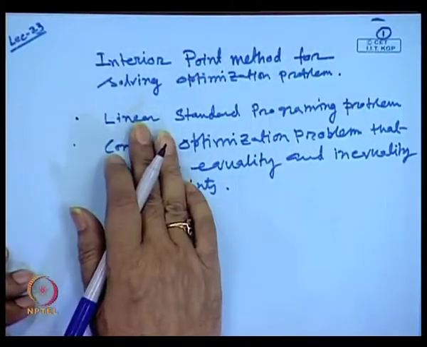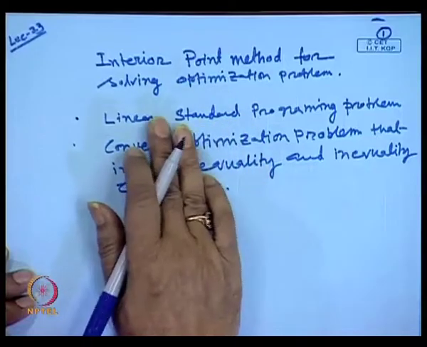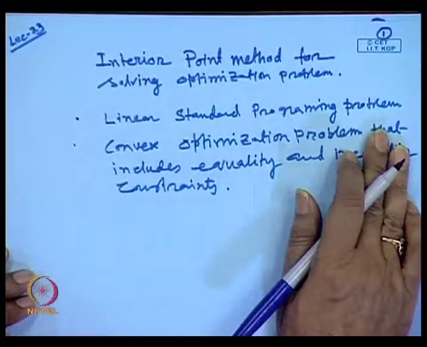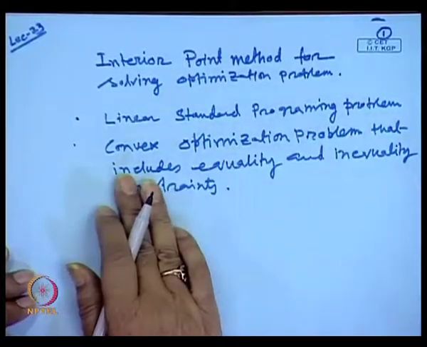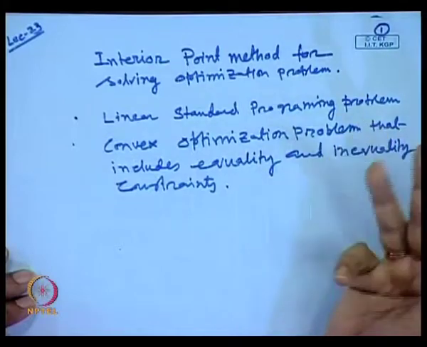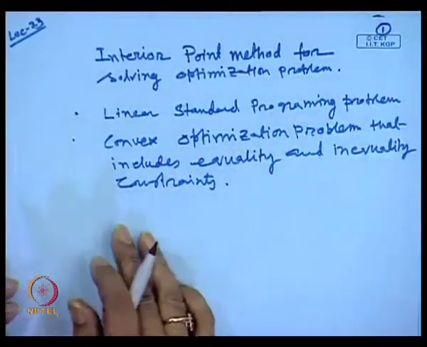One is the standard LP problem, another is convex optimization problems along with inequality and equality constraints. A standard LP problem may have equality and inequality constraints also.